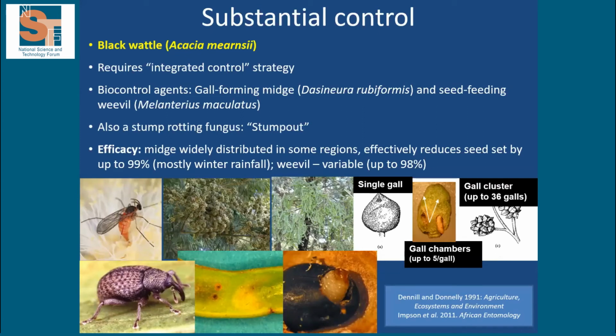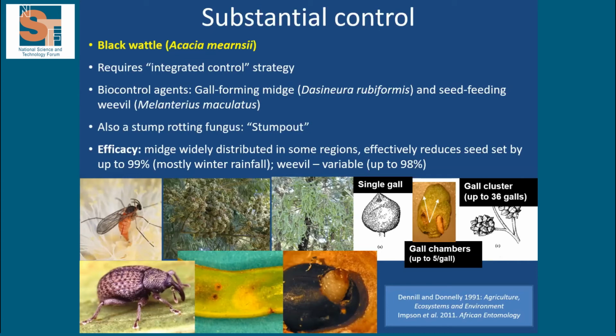Perhaps one of the most prolific and popular agents within the fraternity, as well as with other stakeholders such as farmers, would be the gall-forming midge Dasineura, which you can see on the top left there.